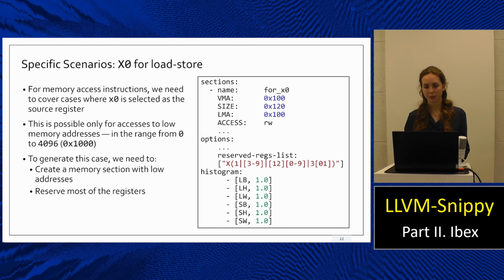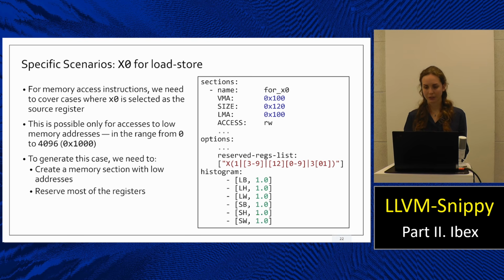Since the load store immediate is limited, the scenario is possible only in a low memory region, roughly up to 1000. To cover it, we create a separate low address section, for example starting at 100, and reserve most registers.